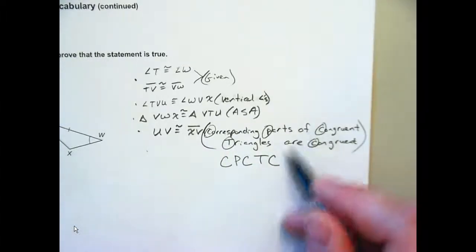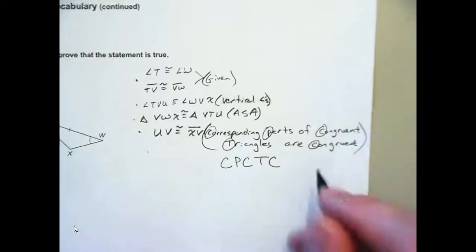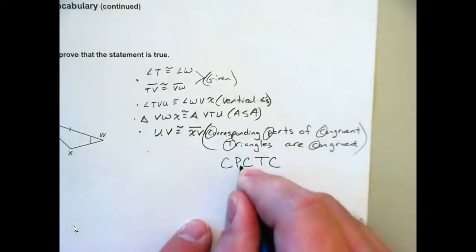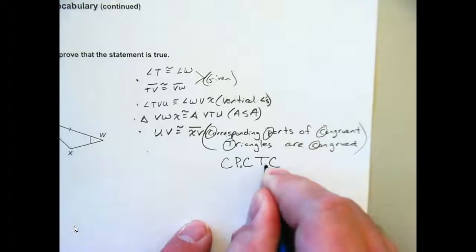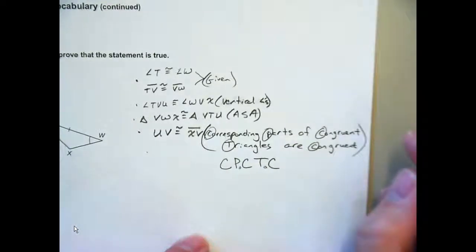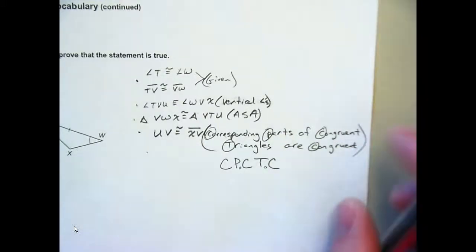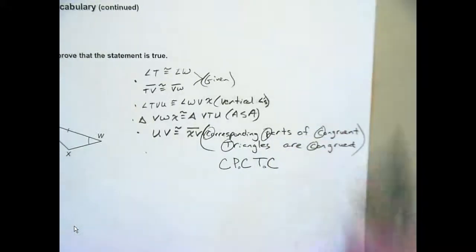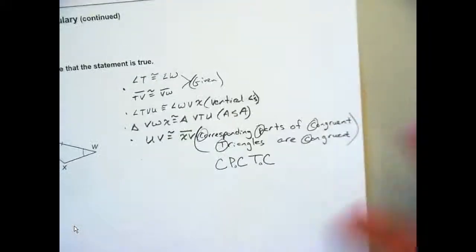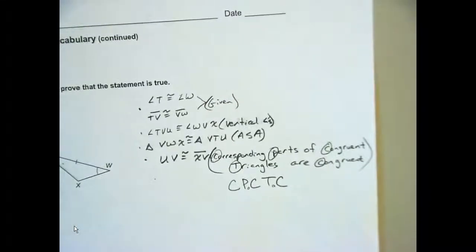We don't put the O and the A. If you want to, because that bothers you, you could. All right. Corresponding parts of congruent triangles are congruent. CPCTC. There we go. That's the final statement. So just one more step, just because it's fun like that. All right. Questions?